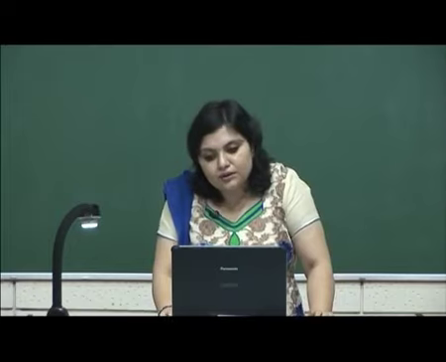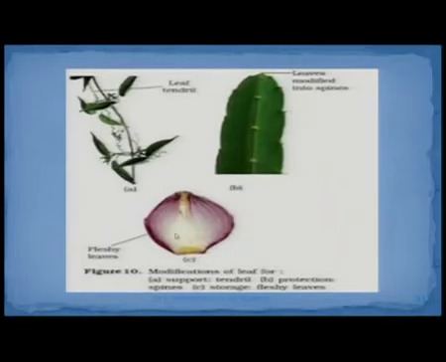And this is the structure of an onion. And here we can see that leaves have become fleshy. Why? Because they store food. Earlier also I told you that whatever part of plant we consume mostly stores the food.